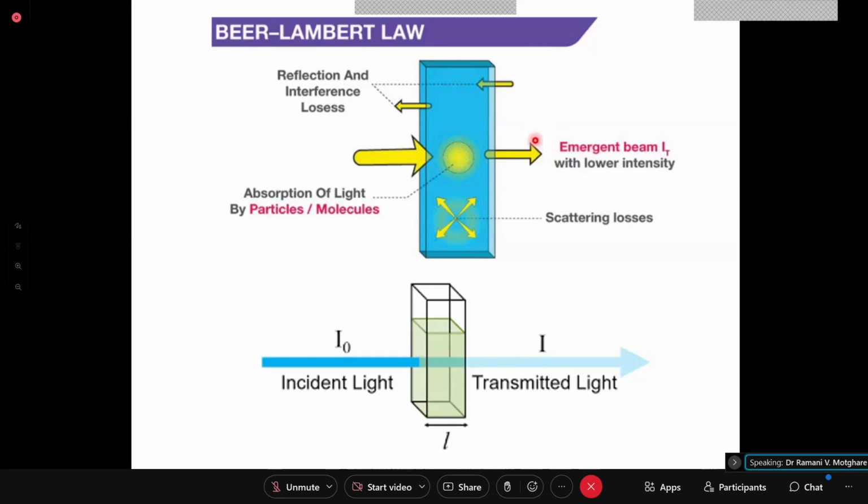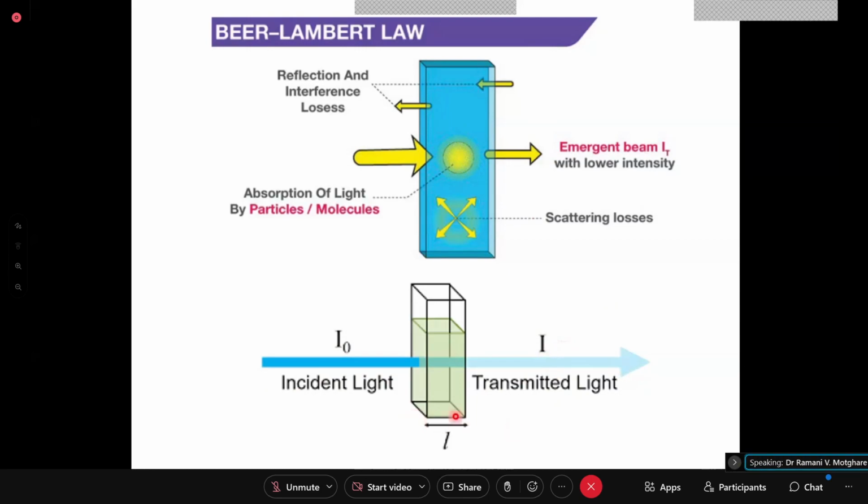Using this concept, that every solution, depending on its concentration, will absorb light of a specific wavelength, we can go for quantitative determination: what is the quantity of analyte present in it? Here it is shown: the intensity of incident light, I0, and the intensity of transmitted light, IT.